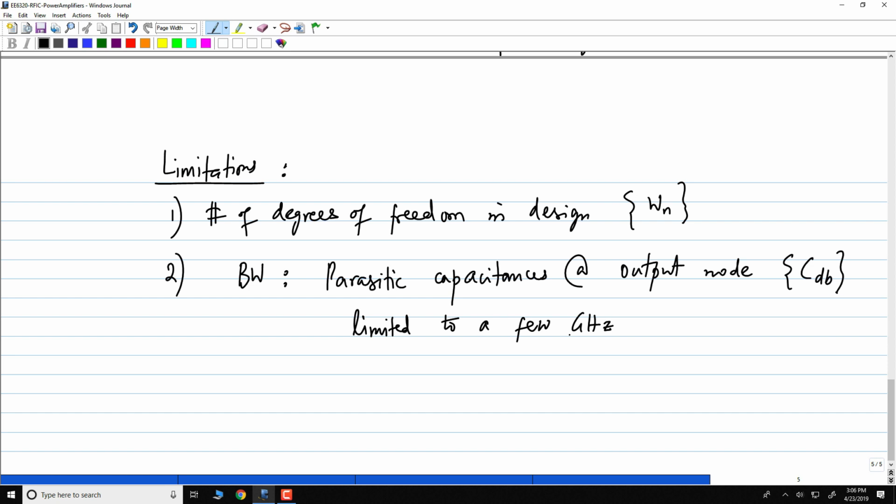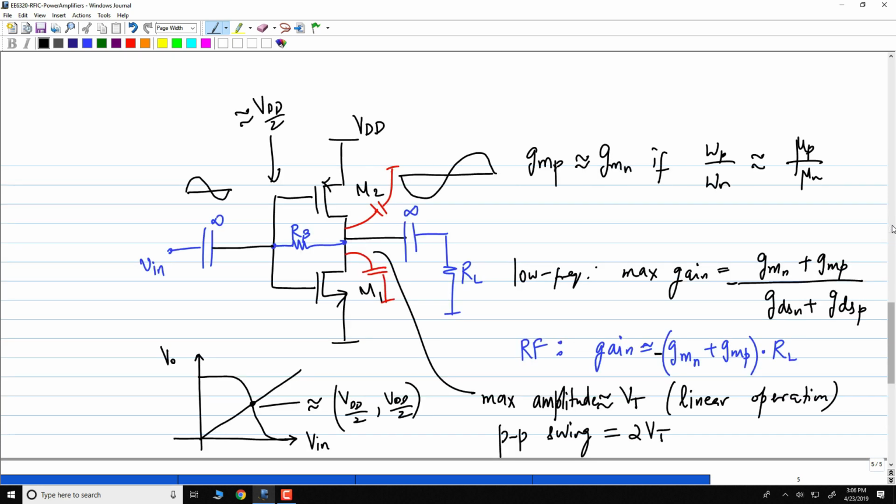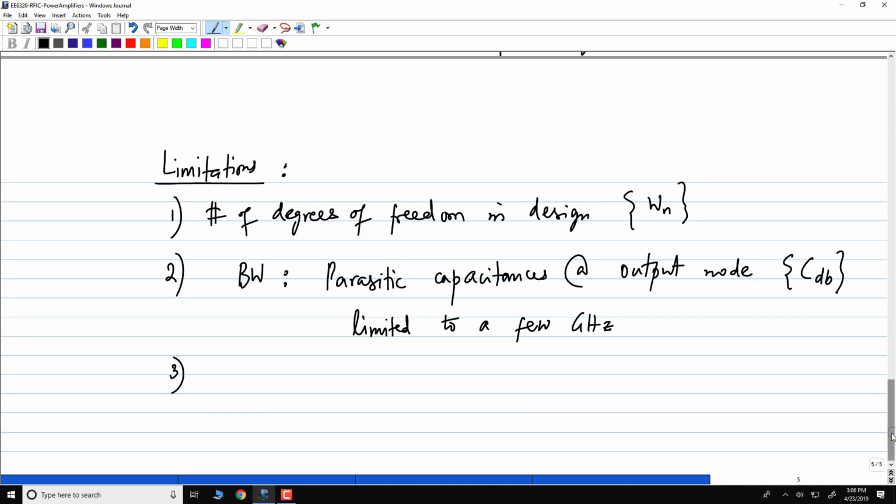Maybe two or three gigahertz in 65, 45 nanometer, etc. Okay, what else? Any other limitations that you can think of? So that is the RF limitation you are asking about, Akash. The high frequency limitation is primarily, if you just plot the bandwidth of the circuit, almost simply an RC bandwidth. Okay. What else? Any other limitations that you folks can think of?